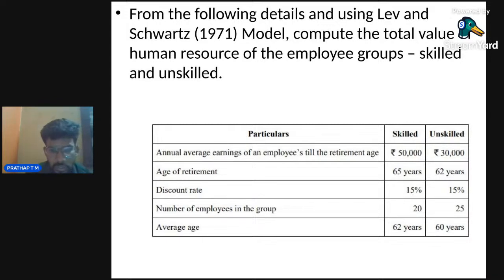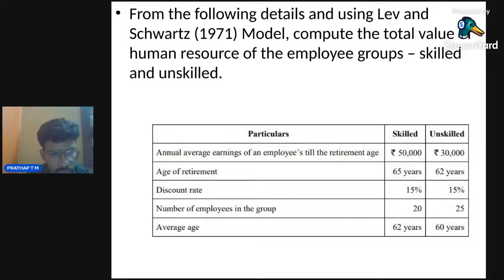Because you do not consider that value. Do you find any difference? Even now you're not finding any difference. This is the way we can calculate your value.